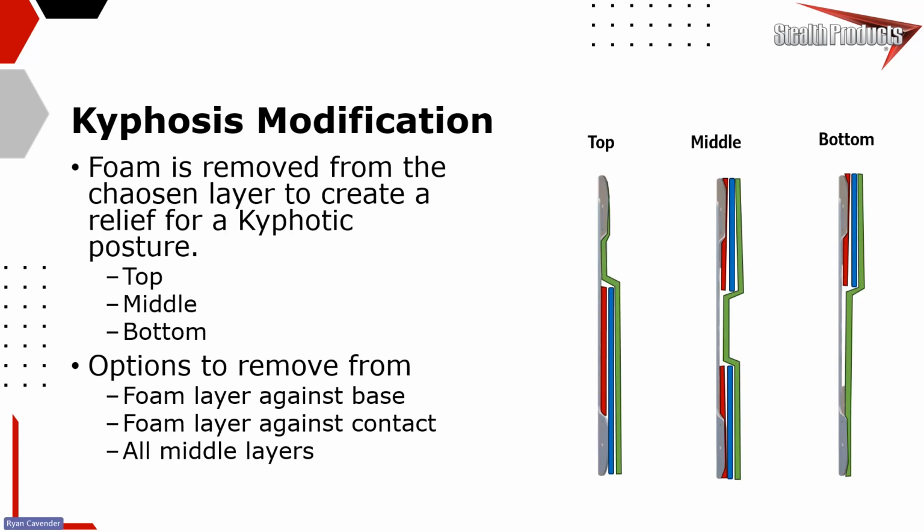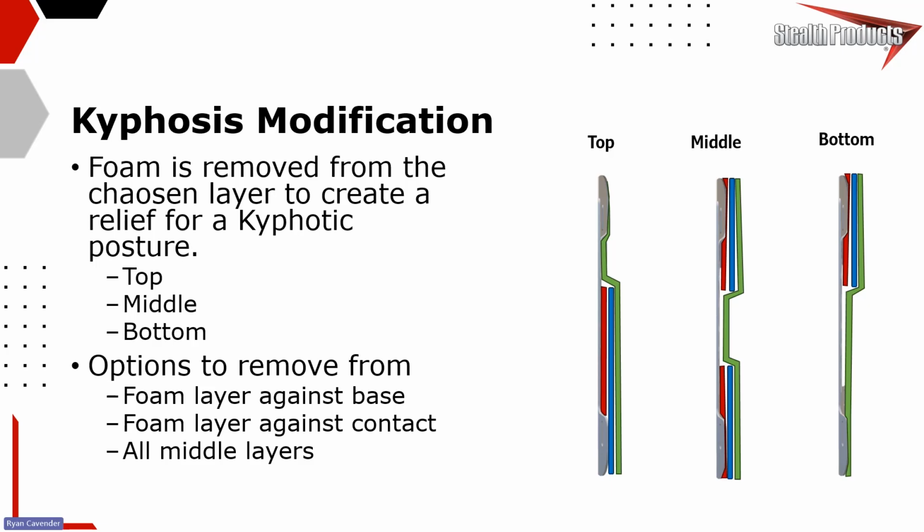And then one last quick thing that's new. Since that previous webinar, we've introduced a kyphosis modification. This mod takes those layers of foam you selected, and we remove material where you choose and how you choose, so that we can account for that kyphotic posture.